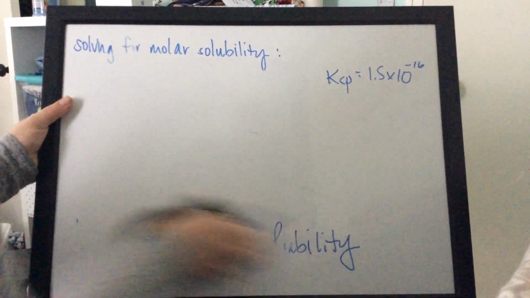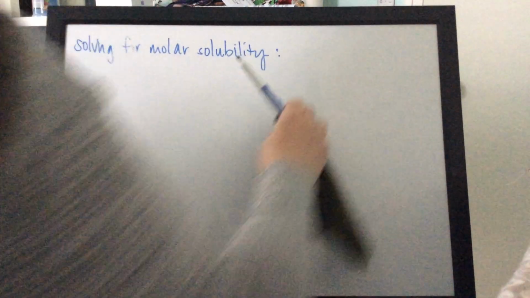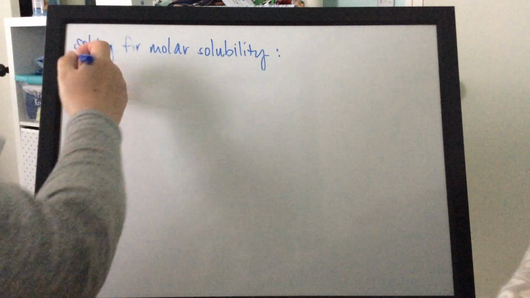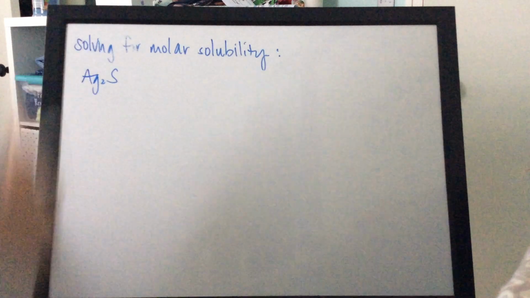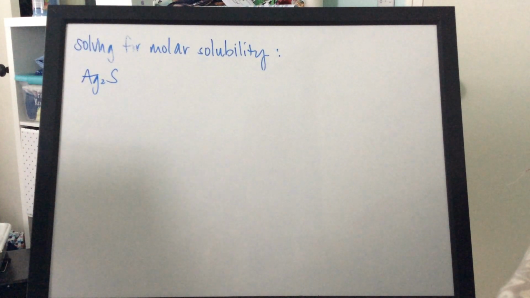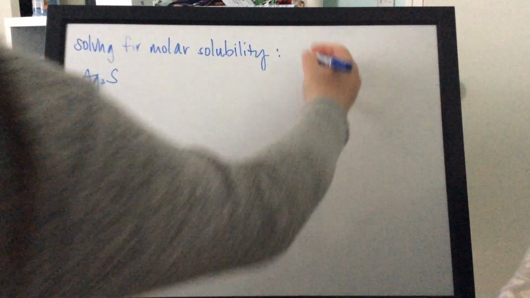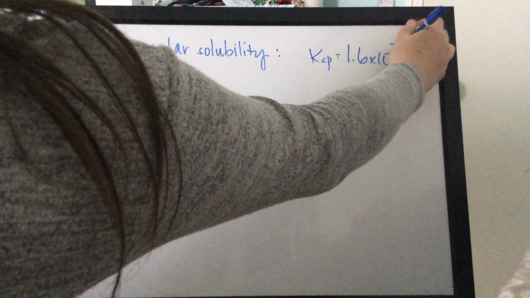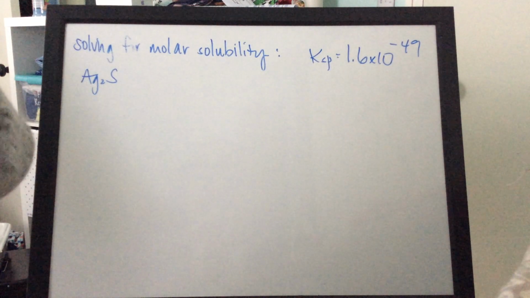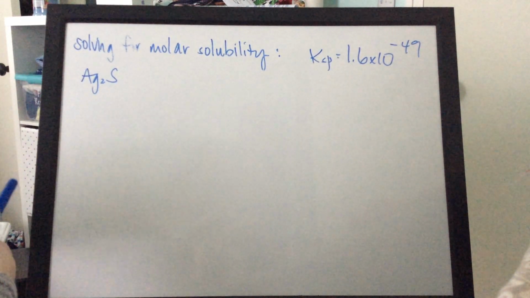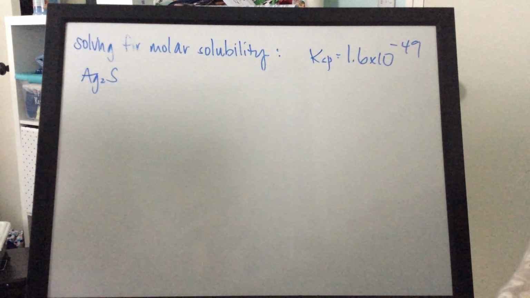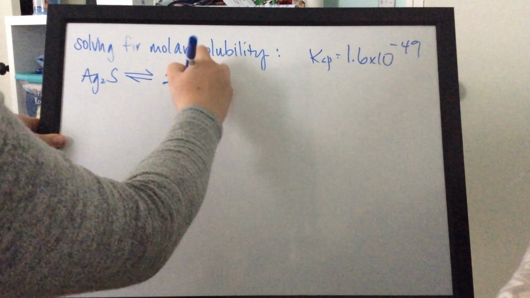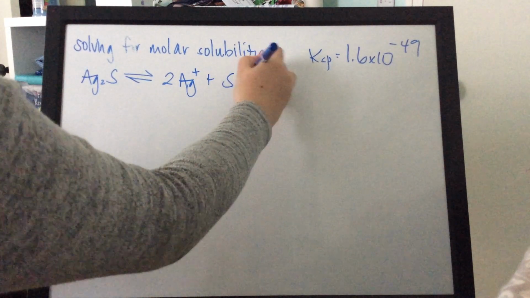However, if we look at ones that aren't 1-to-1, it's a little bit more complicated, and it's the kind of discussion we just did in number 3. So if you look at silver sulfide, they gave me a Ksp of 1.6 times 10 to the negative 49. If I were to solve for molar solubility, I'd think about the fact that this is going to give me 2 silvers and a sulfide ion.